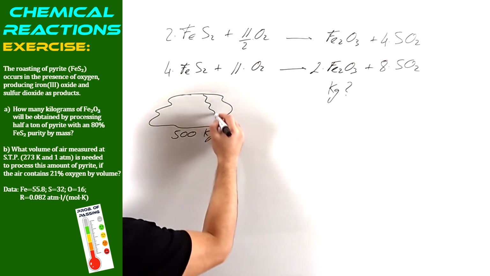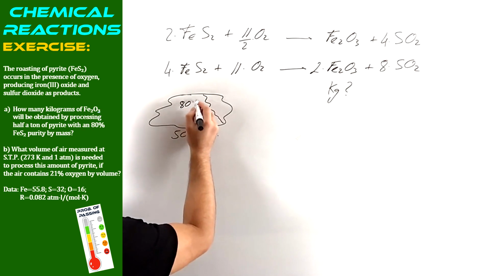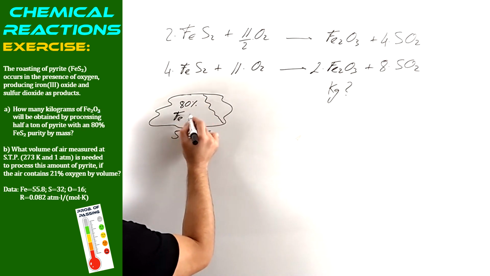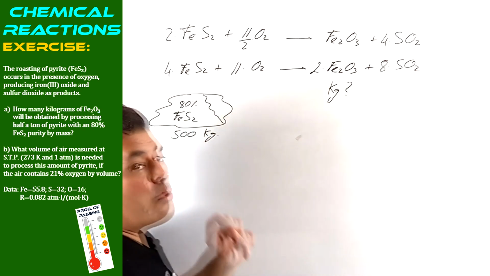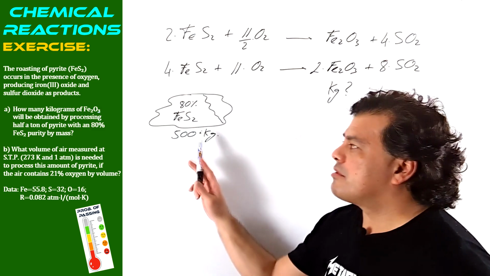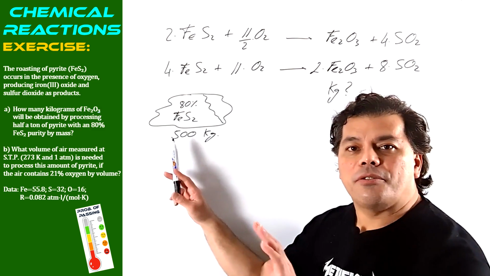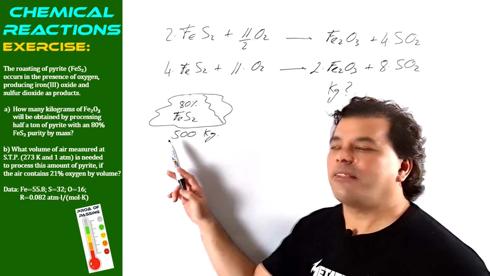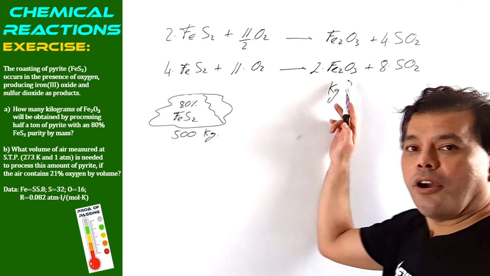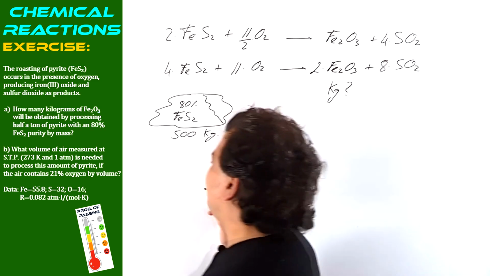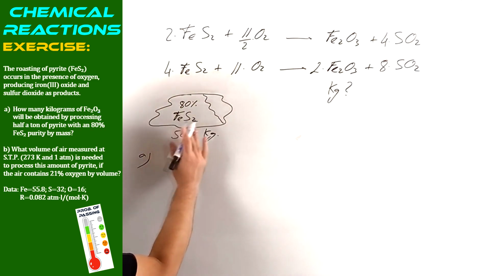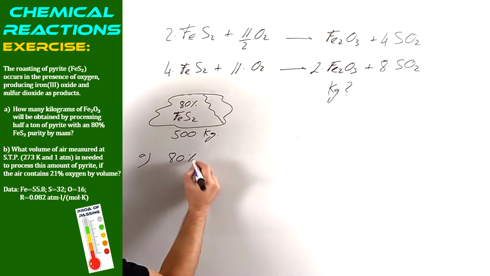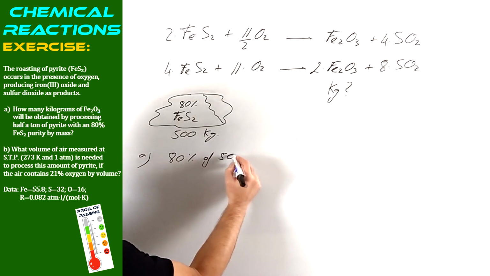The 80% of this stone is FeS₂. And we are calculating the kilograms of this substance in order to inject properly our conversion factors to move to iron 3 oxide. So let's calculate the 80% of 500.